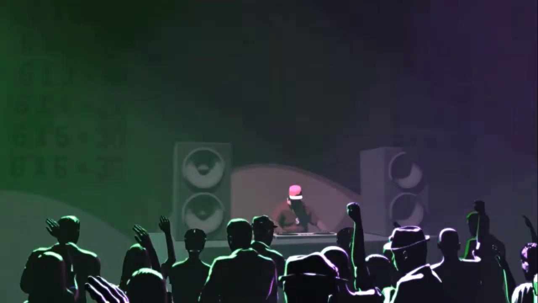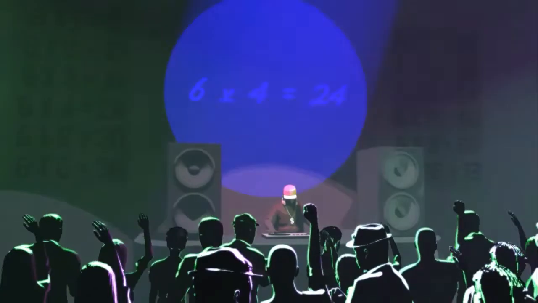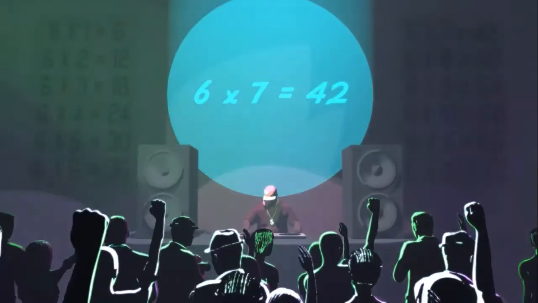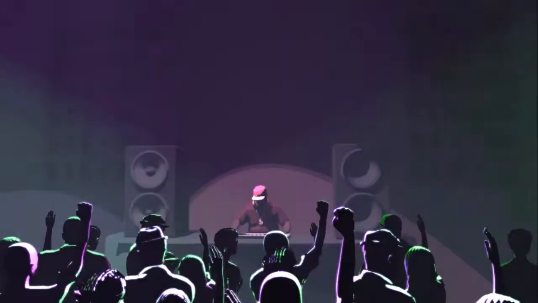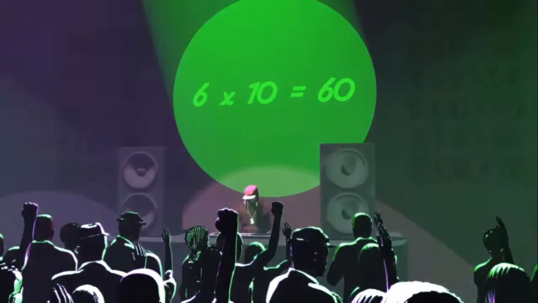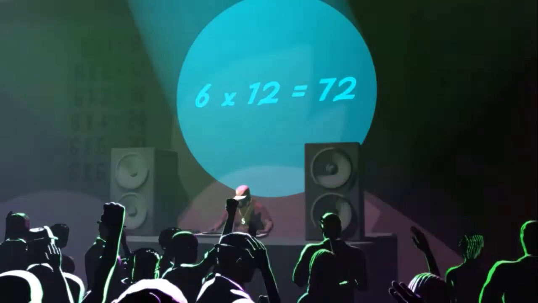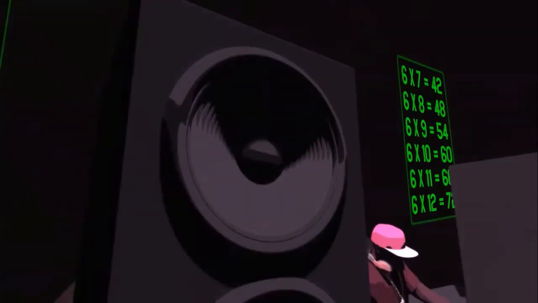All these are multiples 6, 12, 18, 24 in the 6 table. 30, 36, 42. All these are multiples 48, 54, 60, in the 6 table. 66, 72. 24, 30, 36, 42, 48, 54, 60, 66, 72.